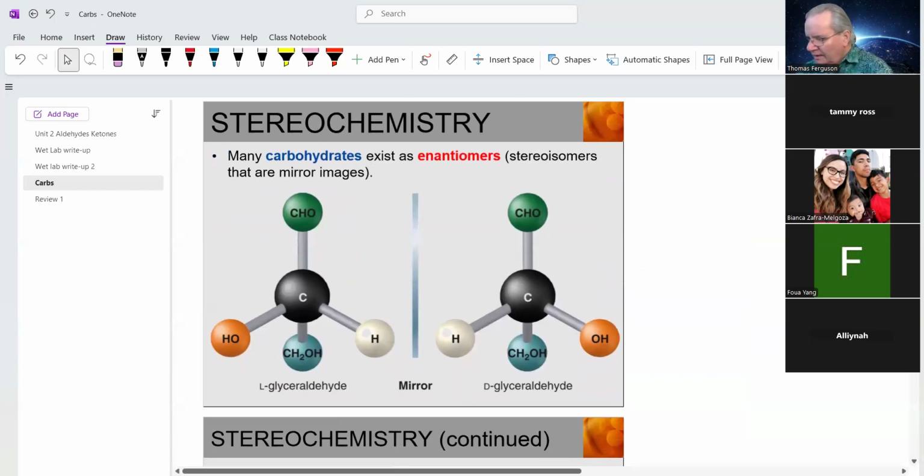The other thing is when we get into biochemistry, we're going to find in this unit and the unit on lipids that we have something called enantiomers.